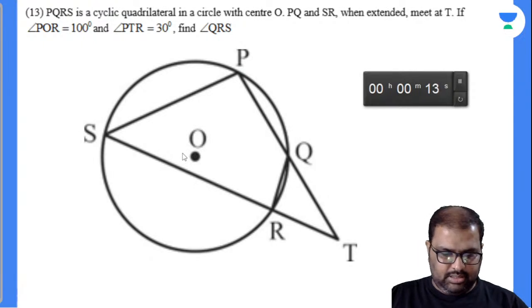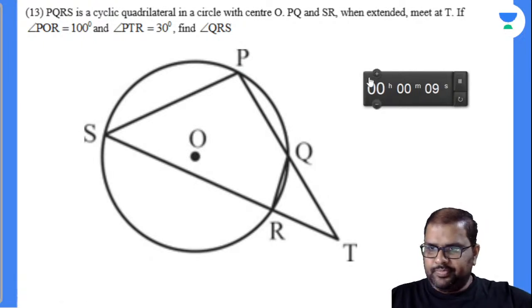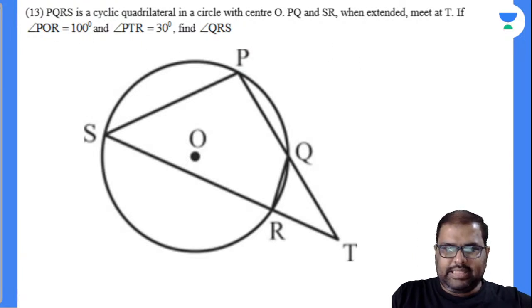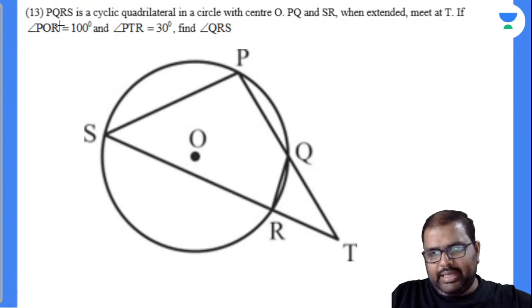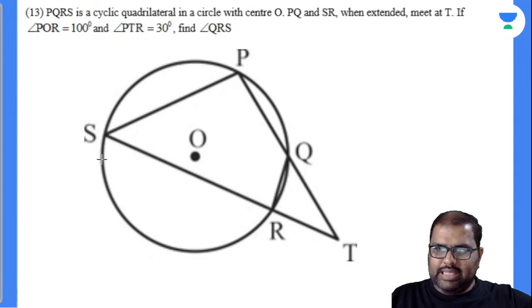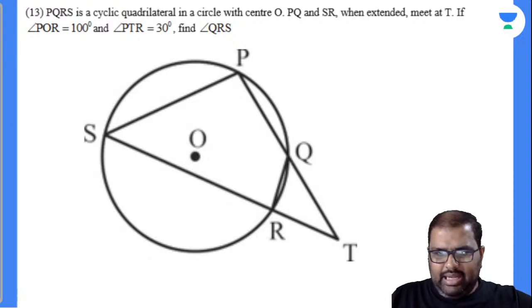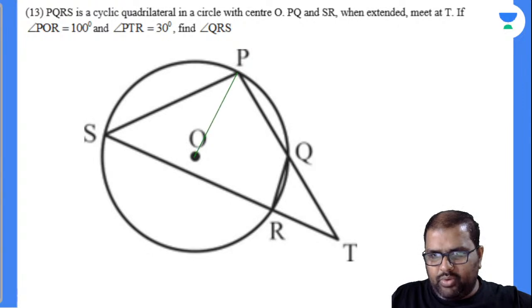Any answer for this? No, 80 it seems. Let's see. PQRS is a cyclic quadrilateral in a circle with center O. PQ and SR, when extended, meet at T. Angle POR, now see here, this is given as 100 degrees.